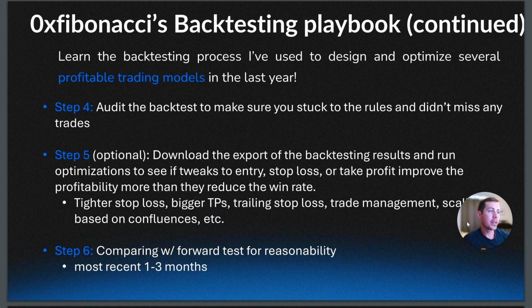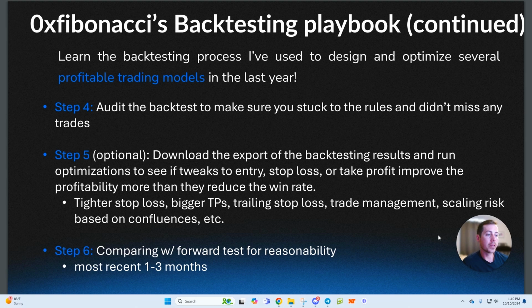Step 4, this is something that I think people don't do enough, that I really recommend, is auditing your backtest. Obviously, when you first start, you might not exactly know the rules, and you might miss some trades or not follow the specific rules.